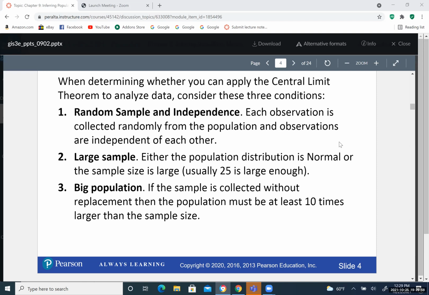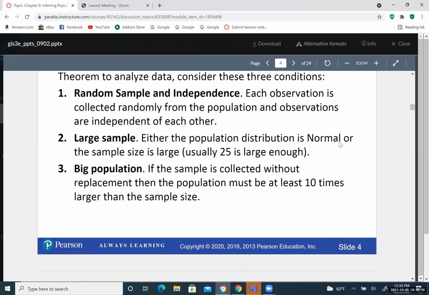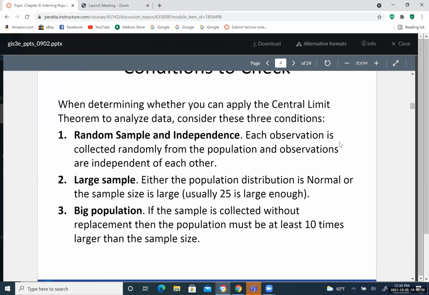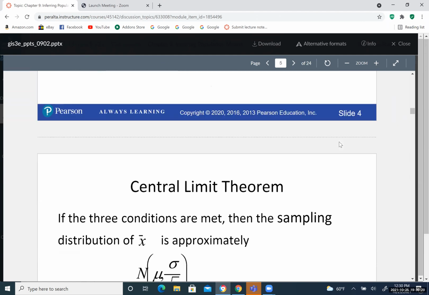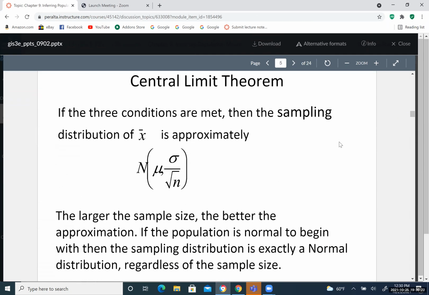If the sample is collected without replacement, then the population must be at least 10 times larger than the sample size. You can see the example below. I'm not very strict on testing it, but if they do, then it's very obvious for you to see.